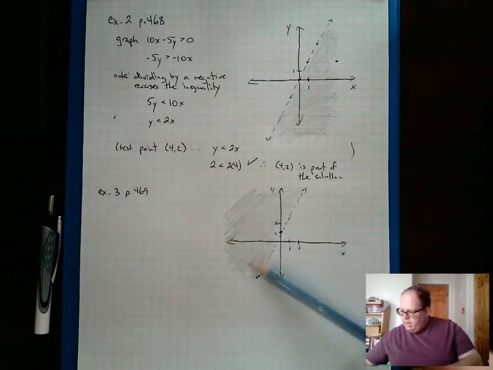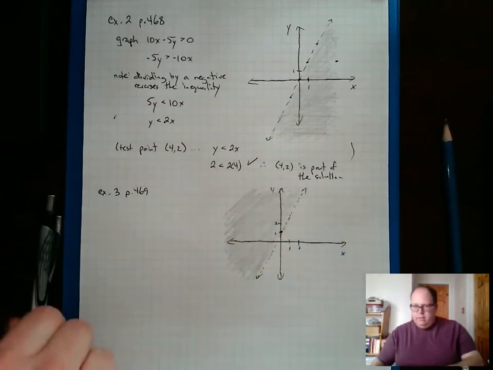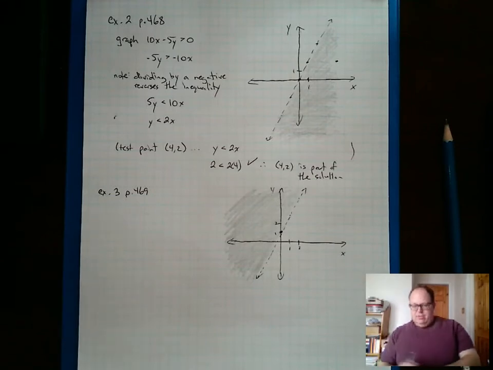So, in order to work this out, I'm going to need to figure out what the equation of that dashed line is.